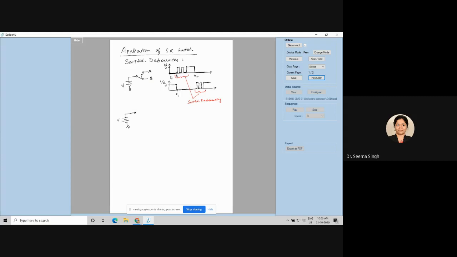Because if you have this mechanical switch at various places in industry, you can't go and say that you want to change all the switches. You have to provide some added extension to your switch so that it works properly and this debouncing effect goes.